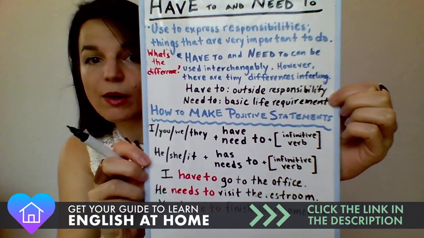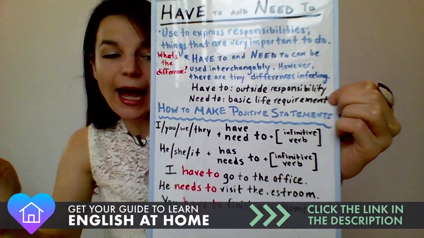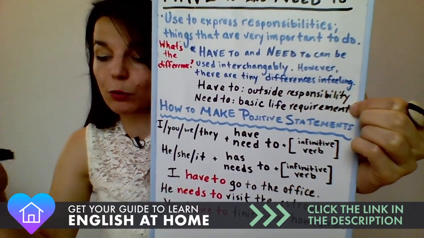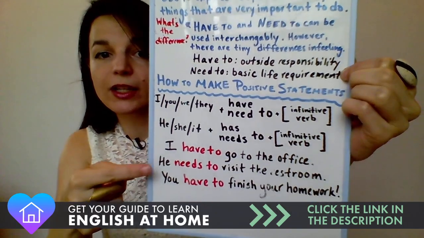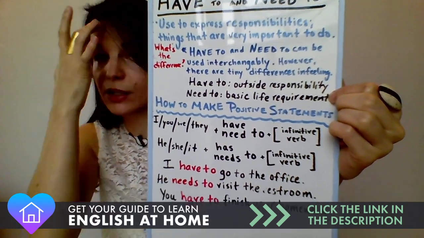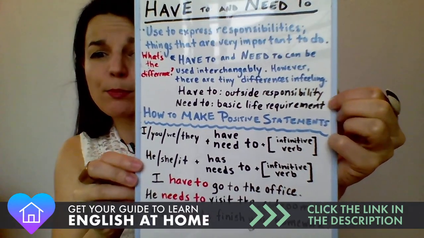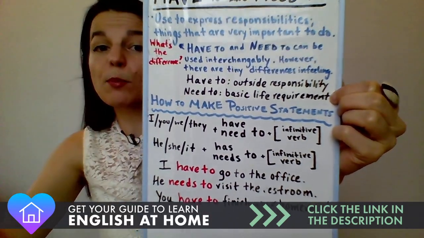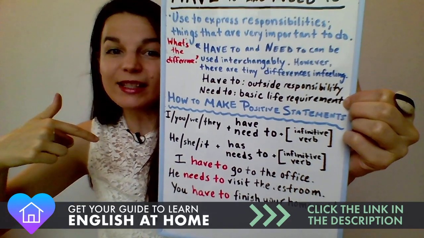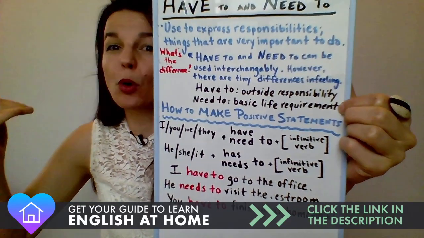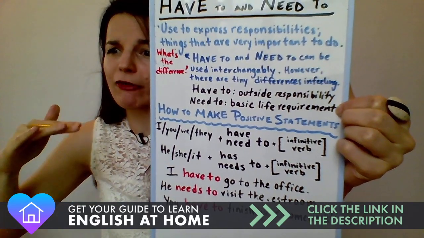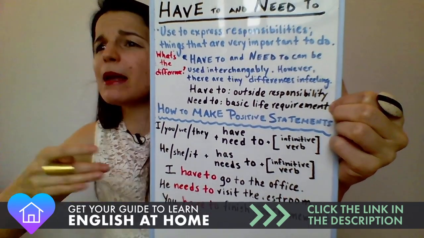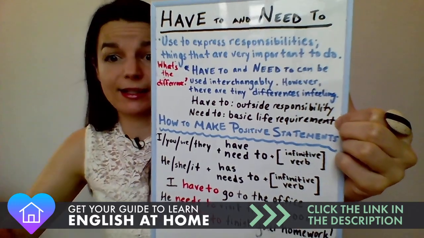With need to, however, need to has more of a feeling of a basic life requirement. So we're going to look at some examples of this in just a moment. When I say basic life requirement, I mean something that is important to us as humans, or important to our lives, maybe for our career or our society, maybe just basic human advice kind of.